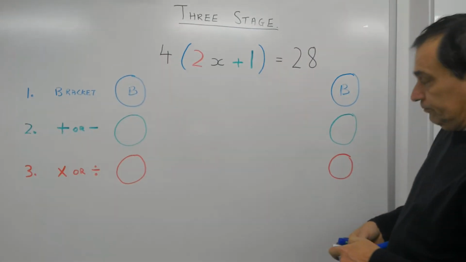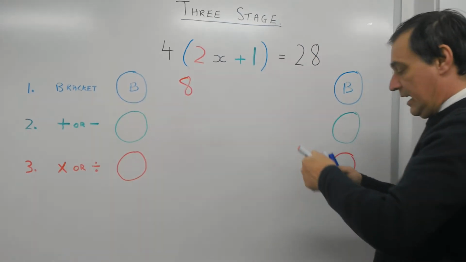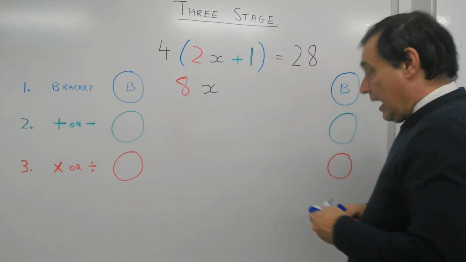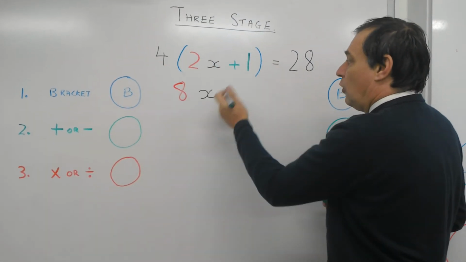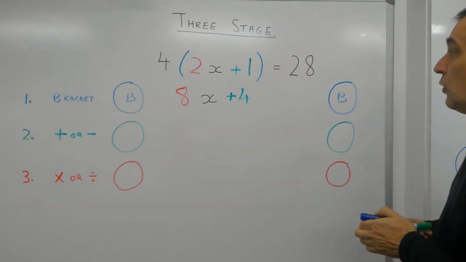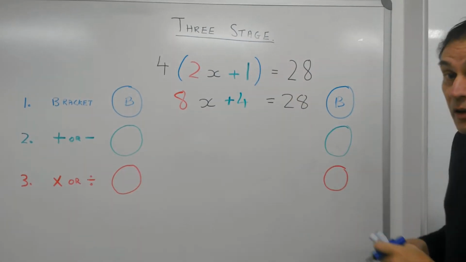So let's go with our first stage. Using our skill, we are going to have an 8 here, because 4 2s make 8, and an x, and then we're going to attack the 4 times a plus 1, so 4 1s are plus 4. That's the only stage we're going to do, and we set that equal. The 28 doesn't change because we're not playing with that one at the moment.